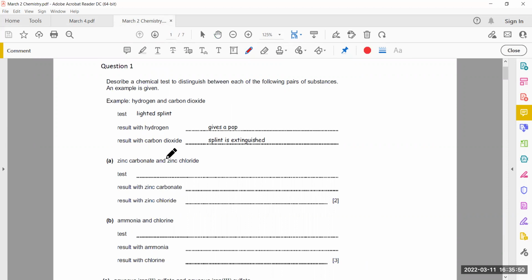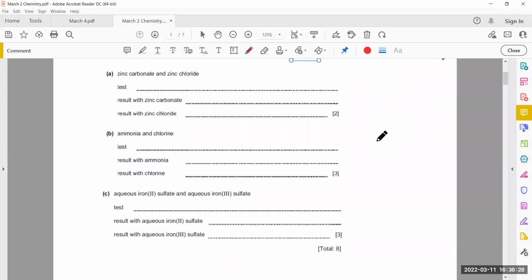Hydrogen will pop, carbon dioxide won't pop. Or you can use lime water. This one will have no changes. This one will go from colorless to cloudy. So that's how you differentiate two different gases.